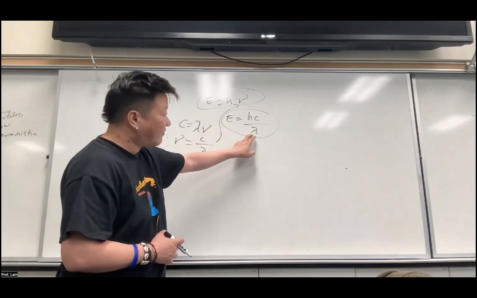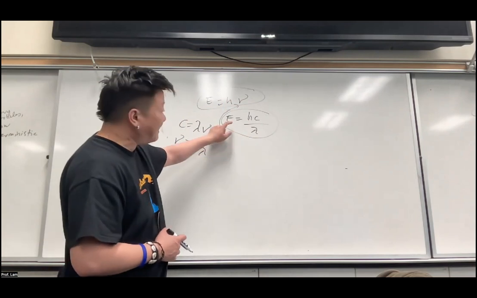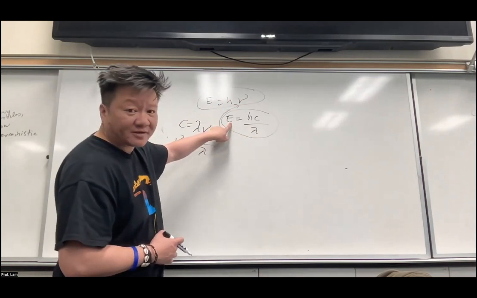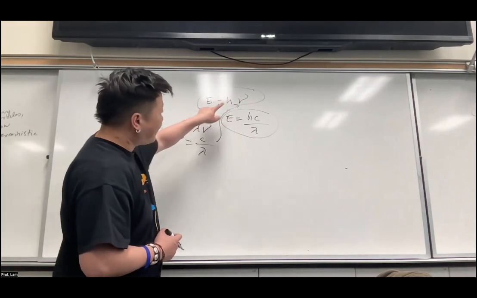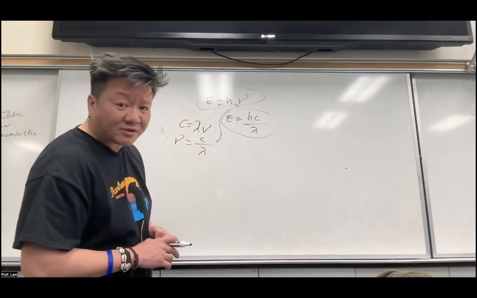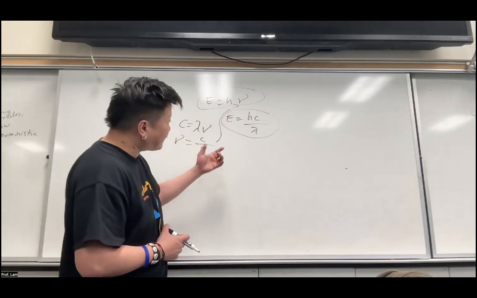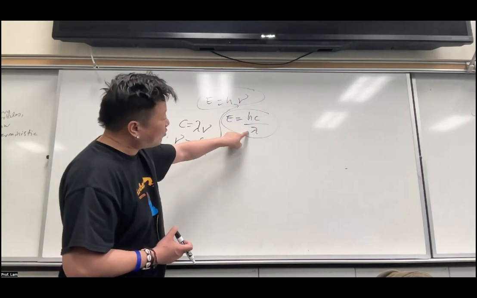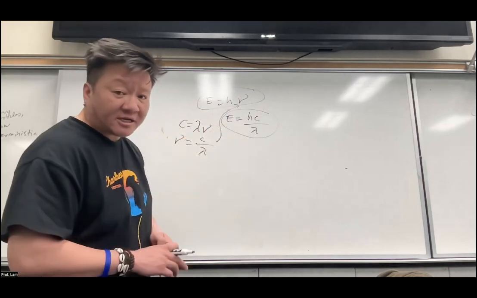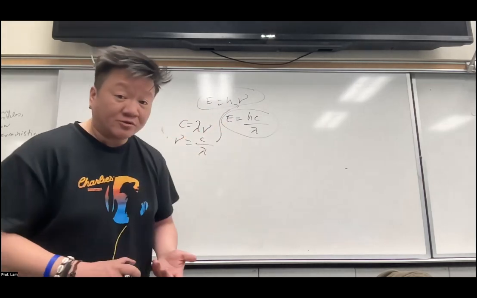And shorter wavelength light, so your denominator is smaller, is higher energy. That makes sense because remember, frequency and lambda are inversely related to each other. Since frequency and energy are directly related to each other, that means wavelength is also inversely related to energy. So those are your two equations.